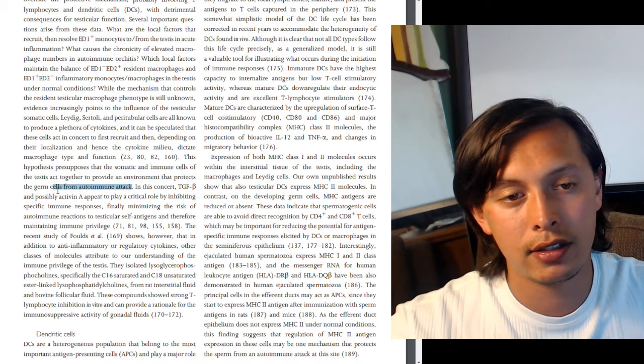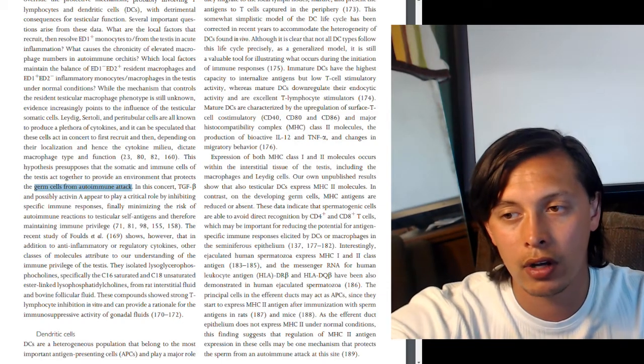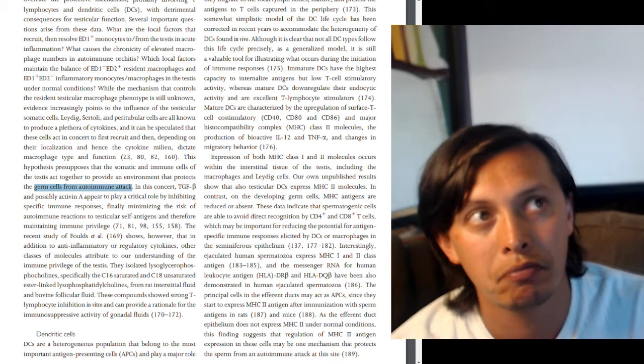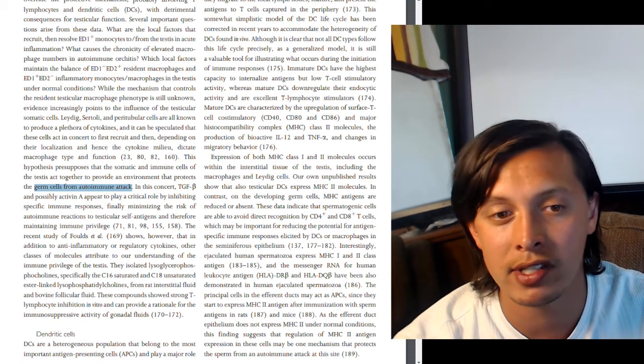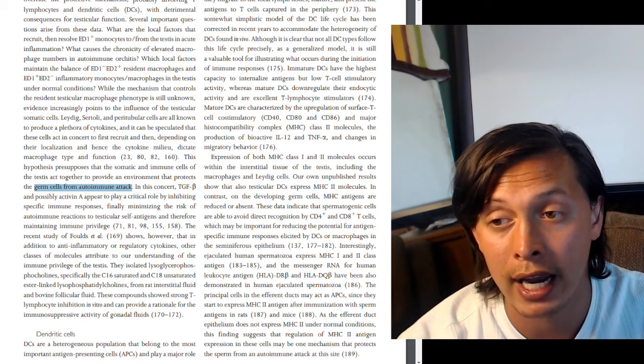So the whole theory, the whole hypothesis is that your body is going through all this work explicitly for the germ cells, to protect the germ cells from autoimmune attack.